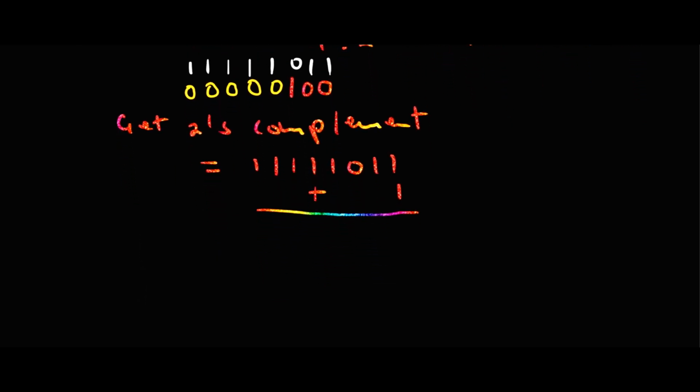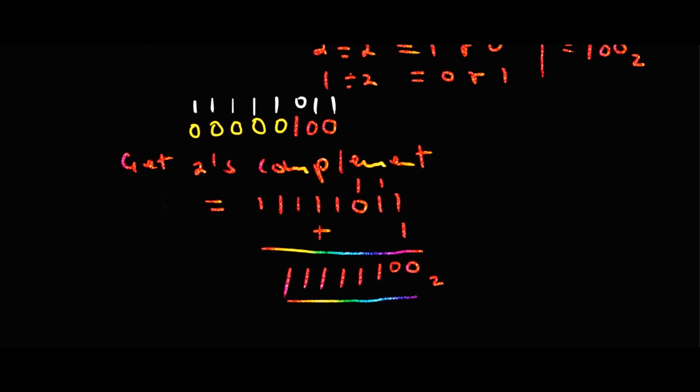So 1 plus 1 is 0, carry 1. Then 1 plus 1 is 0, carry 1. Then 1 plus 0 is 1. So this is what we use for the exponent: 1, 2, 3, 4, 5, 6, 7, 8.